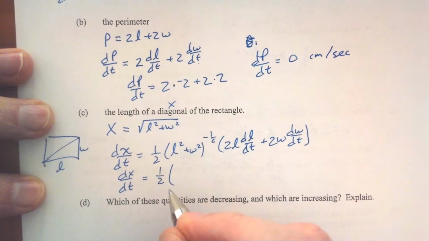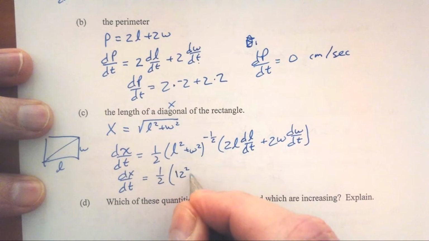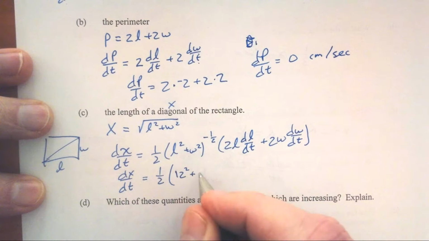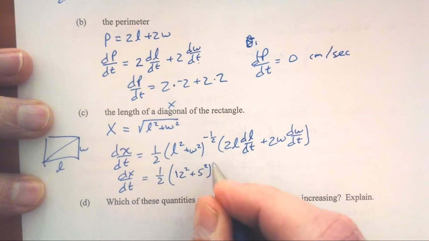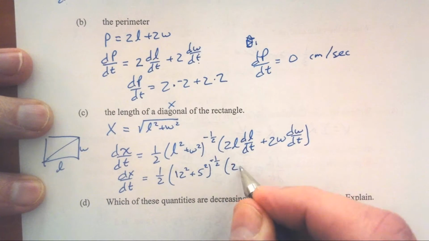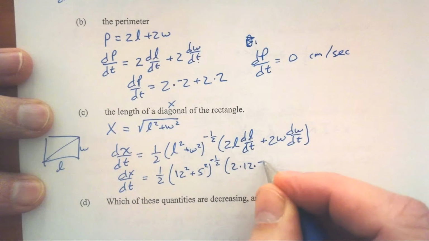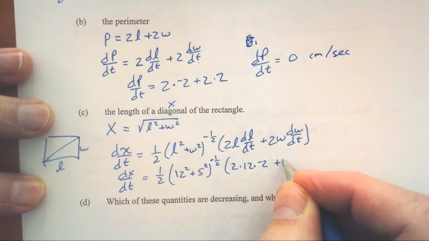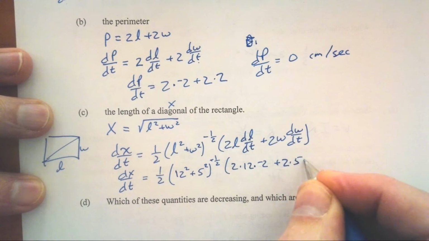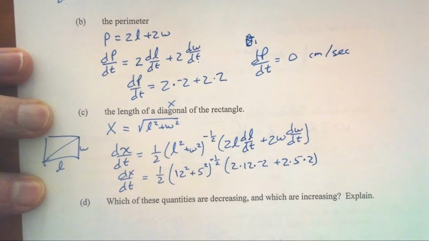The length is 12 when the width is 5, to the negative 1/2. The length is 12. It is changing at a rate of negative 2. While the width is 5, it is changing at a rate of 2.